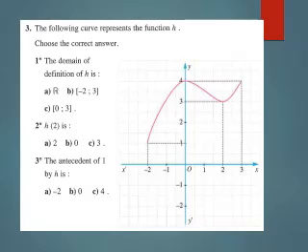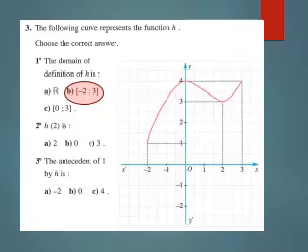Every time you need to find the domain of definition, you have to look at the x-axis and not the y-axis. So from the x-axis, it starts from minus 2 and ends at 3. So the domain of definition is from minus 2 to 3.